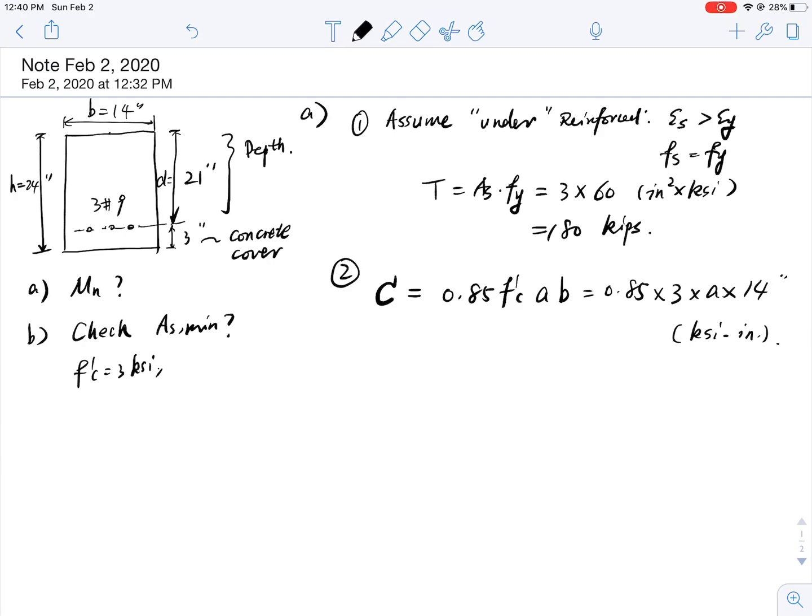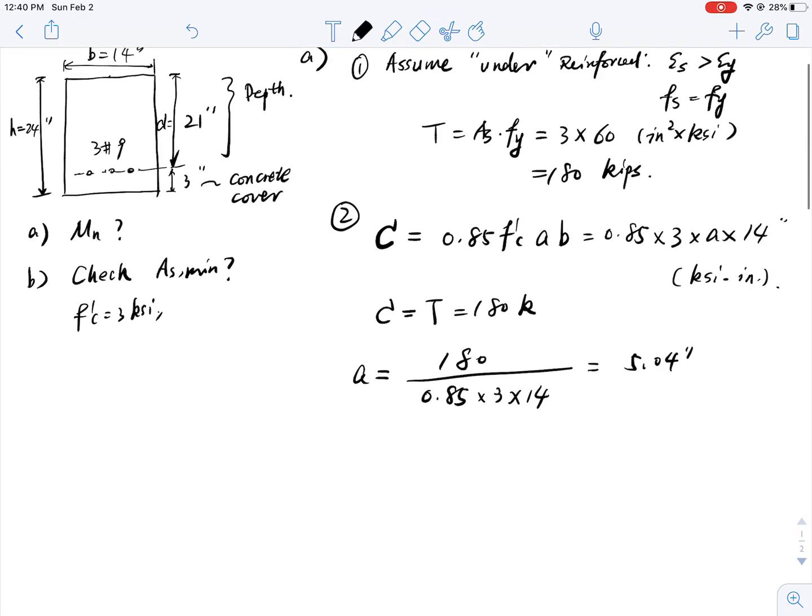Now we require compression equal to tension to reach balance for the section, which equals 180 kips. So I can quickly calculate my effective compressive zone, which is 180 divided by 0.85 multiplied by 3 multiplied by 14. Then I got 5.04 inches of effective compressive zone.